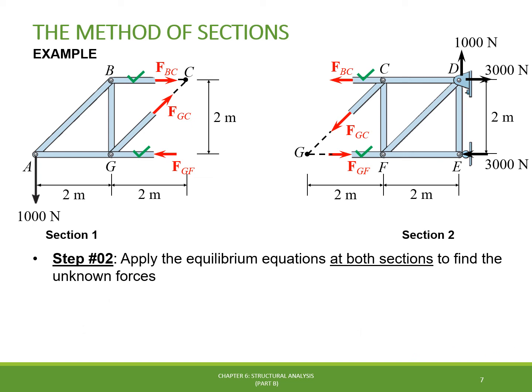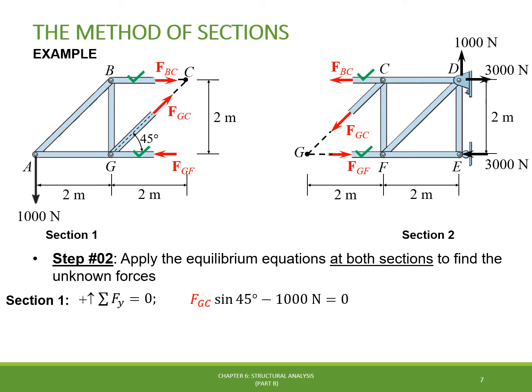For the last unknown, which is FGC, we can go back to section 1 and perform the equilibrium analysis on this section, simply because it looks less busy than section 2 and easier to handle. It's convenient to take the equilibrium equation for the forces in the y direction, because we can write the vertical component of FGC in terms of the sine of the 45 degrees angle, which is counterbalanced by the 1000 newtons external force.